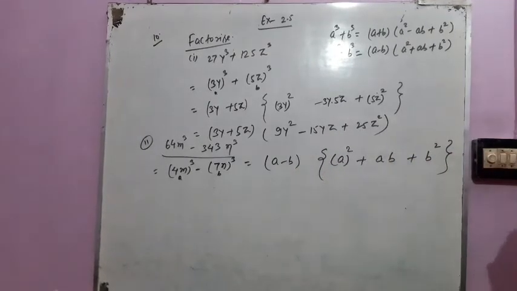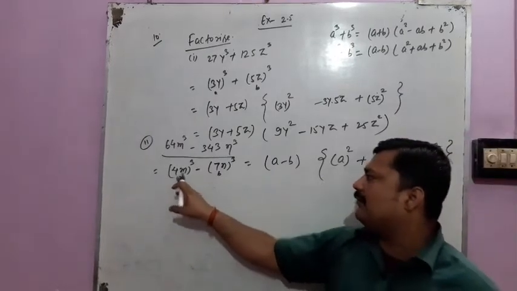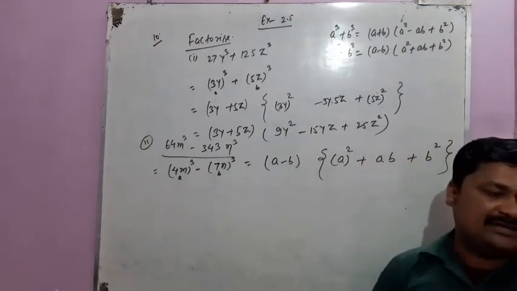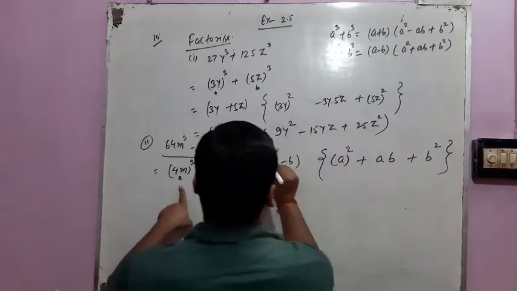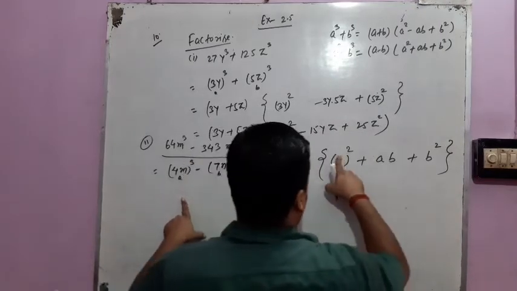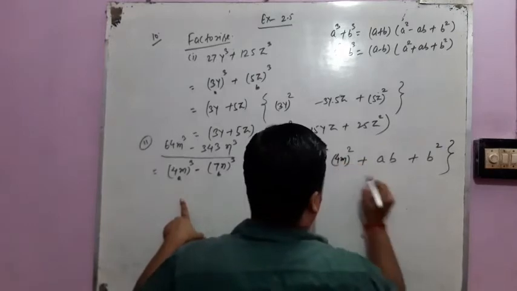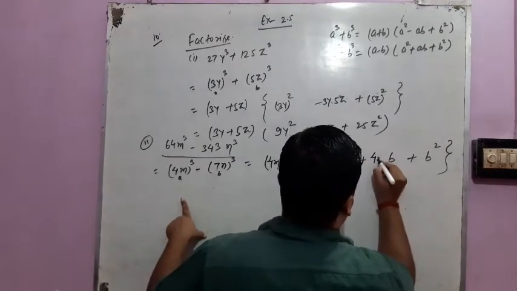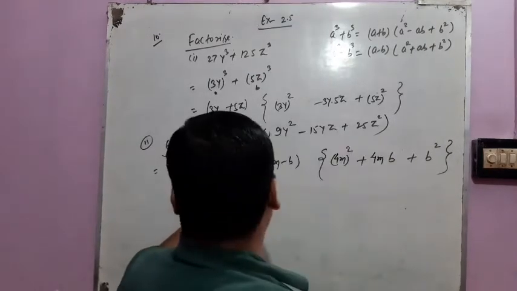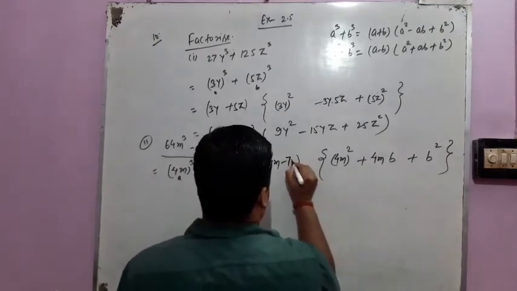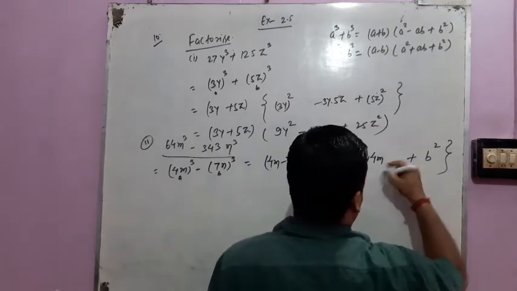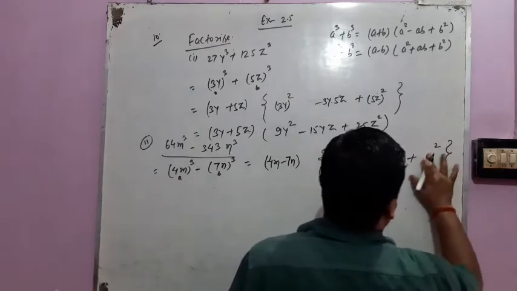Now students, all a we are comparing with 4m and all b we are comparing with 7n. So whatever the position of a, we are going to exchange with 4m, and here also 4m. Now we have to exchange the position of b with 7n. So here 7n, again here 7n, and again here 7n.